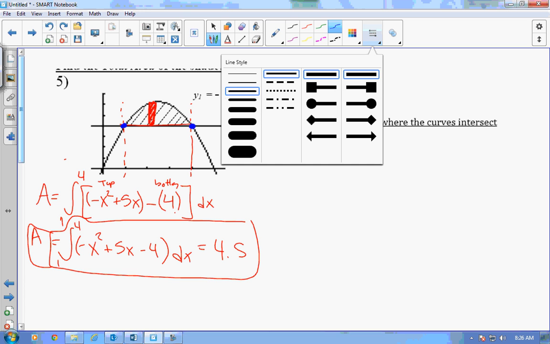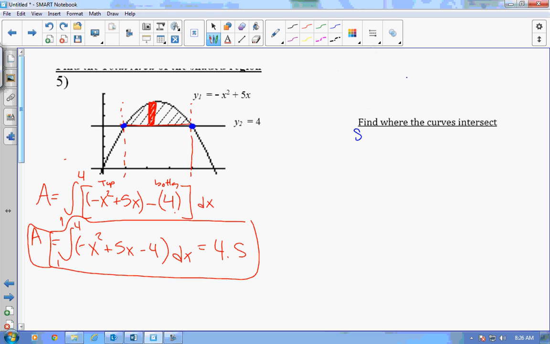So if it wasn't as clear, you'd set both functions equal to each other. So you do negative x squared plus 5x equals 4, and you'd solve for x.